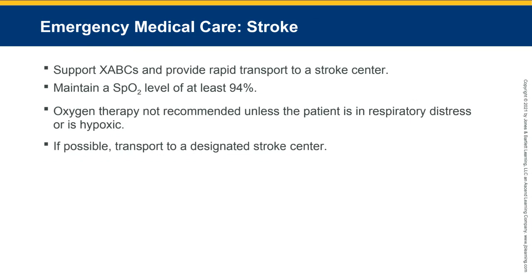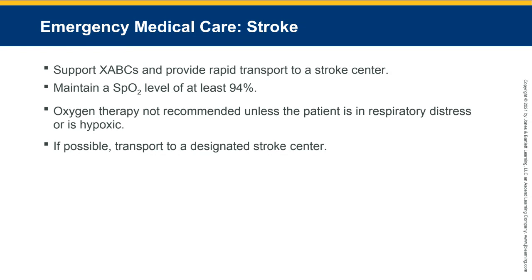Emergency medical care for stroke support. Look for signs of bleeding, XABCs. So the X again means you're looking for bleeding. Provide rapid transport to a stroke center. Maintain SpO2 level of at least 94%. If they don't need oxygen, don't give it.